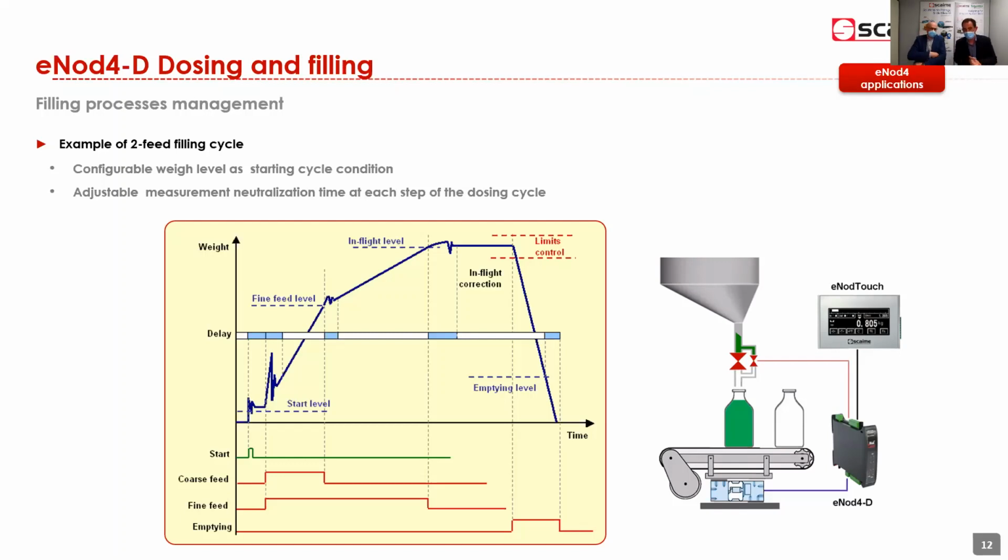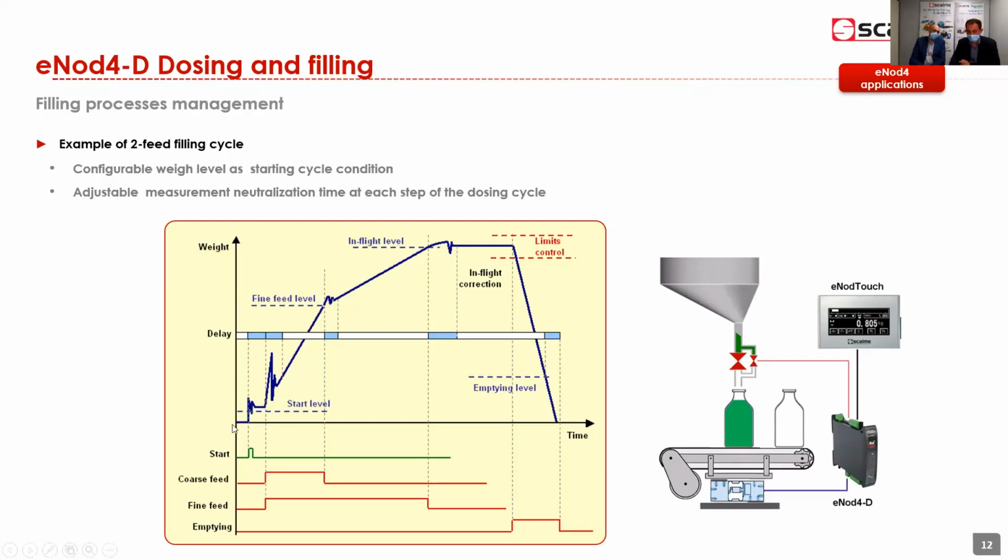The eNod4D is able to control even more complex cycles, but let's at first start with this basic filling cycle for you to understand what is possible. So in this application, you can see the filling head, which is equipped with 2 valves.